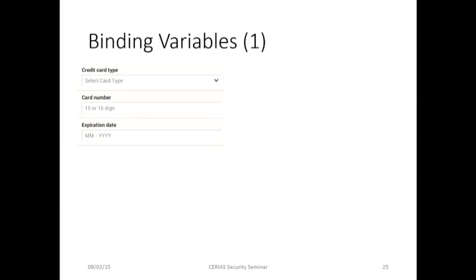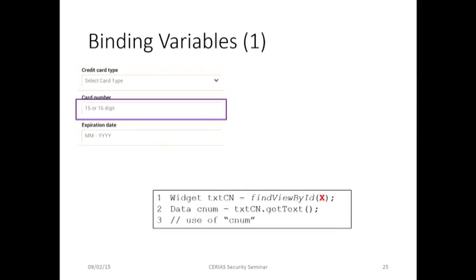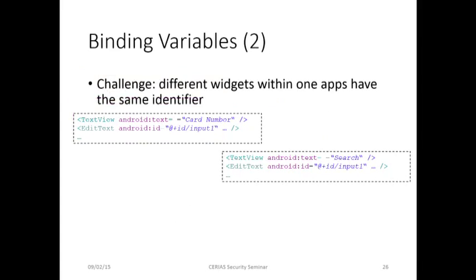After determining which input fields are sensitive, we want to bind the discovered sensitive input fields to the variables in the code to enable further code analysis. The identifiers are referenced in the code, which helps SUPOR find the corresponding variables in the code. But one problem is that different layout files in an app may have input fields with the same identifier.